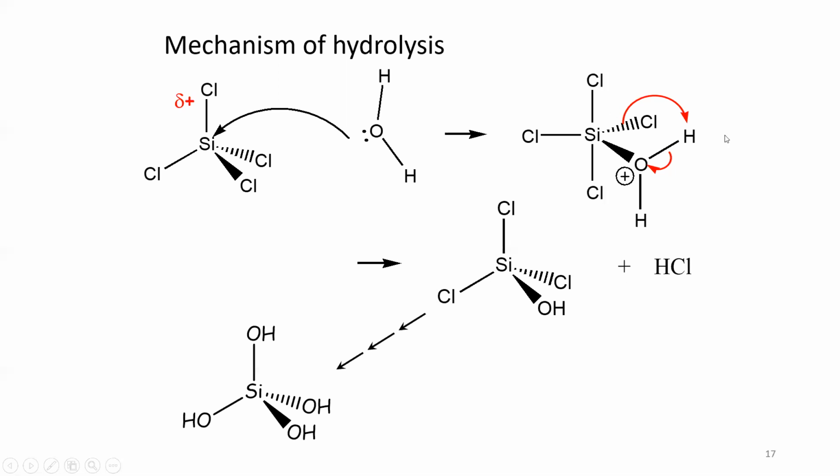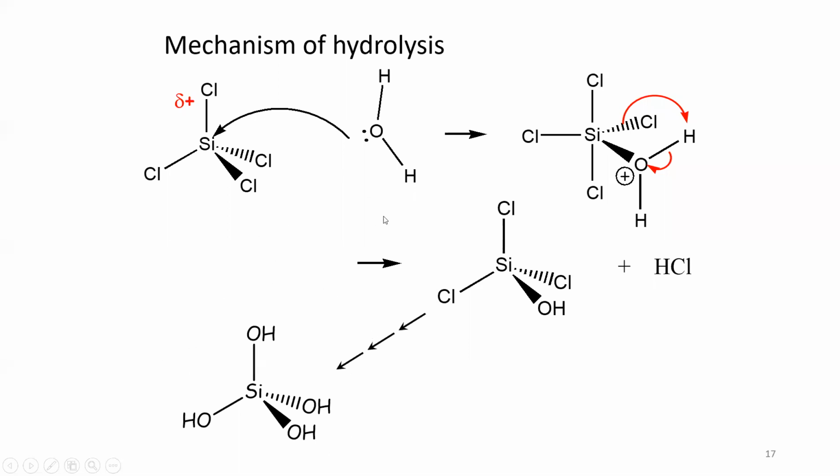And this gives you this unstable compound. So the hydrogen actually abstracts your chlorine to form your HCl. So what happens is that this scenario continues over and over again until all the chlorine has been fully replaced.